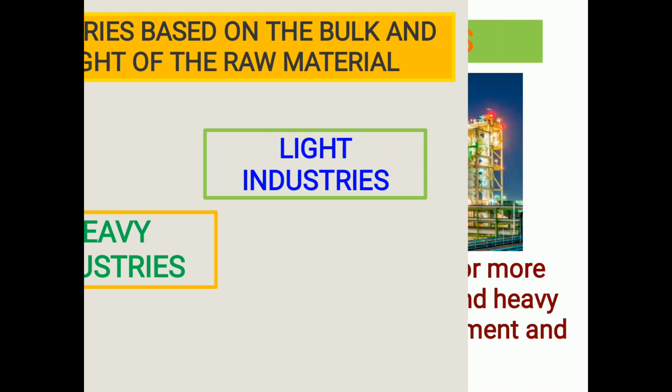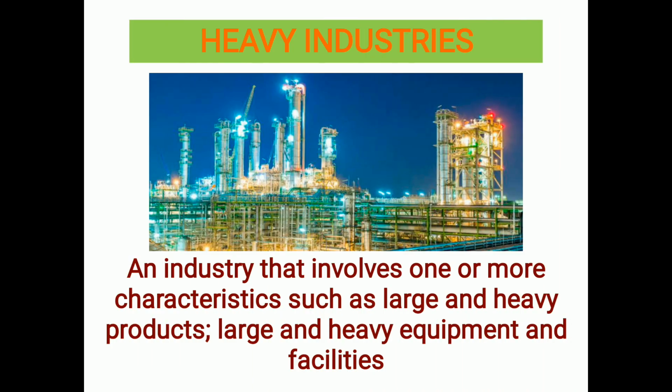Heavy industry is nothing but an industry that involves one or more characteristics: large and heavy products, and large and heavy equipment and facilities used in manufacturing the product. So whatever they use, the product will be heavy. That is what we call heavy industries. For example, the iron and steel industry comes under the category of heavy industries.